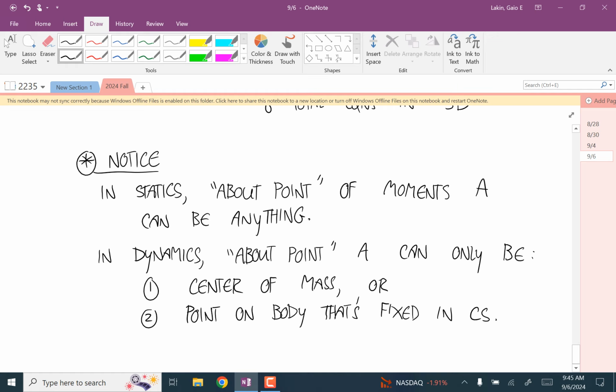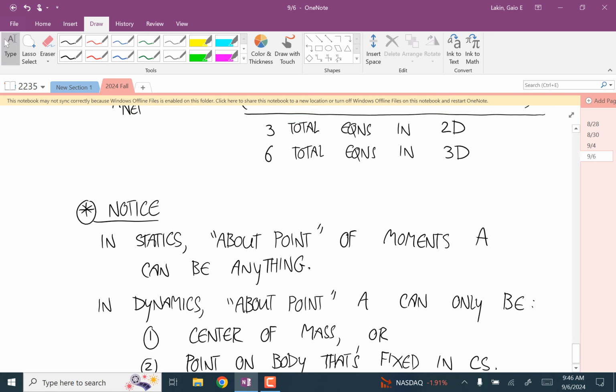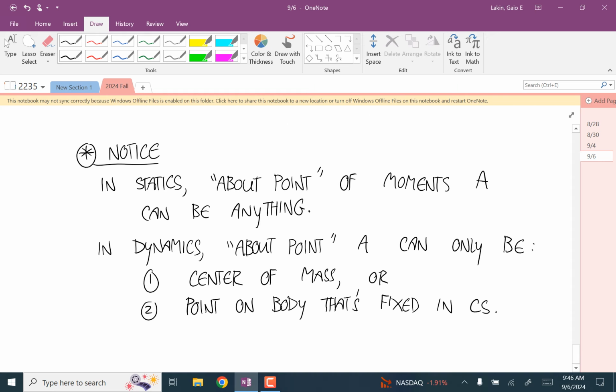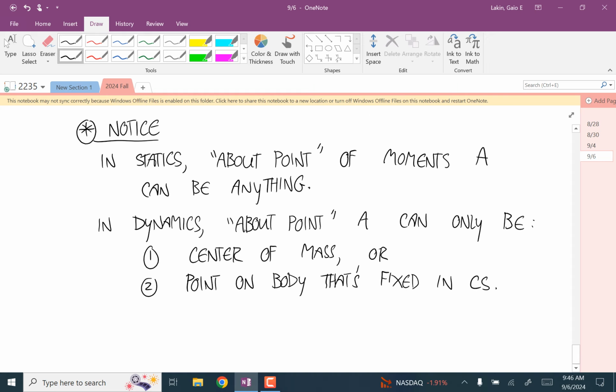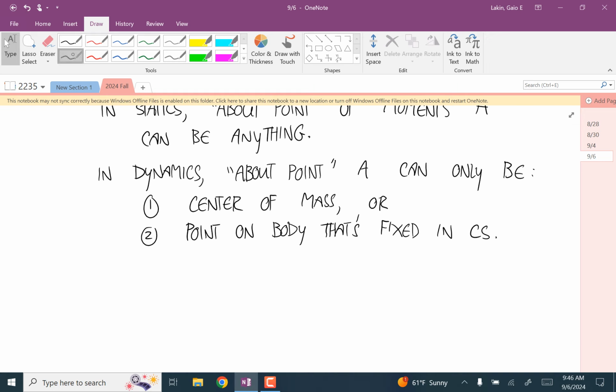An example of that would be a pin joint connecting a body to the ground. Okay. So we're going to take advantage of this in statics, that we have this extra flexibility to choose where we're calculating our moments around. But remember that in the more general case, you don't have that flexibility. Okay, so the first thing we have to do is define the moment.